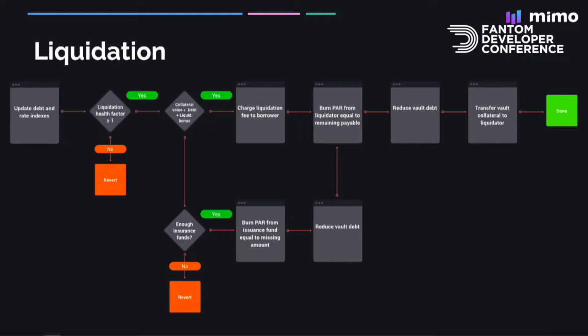Liquidation. So we also have a liquidation, and you have to know that the liquidation is open to anyone, as long as the vault is open to that. So, for example, here, as usual, starting with debt, update the debt and the rate, and after that, we check the health factor. The health factor here, for the liquidation, is not based on the MCR, but is based on the liquidation ratio. So we make sure that the vault can actually be liquidated.